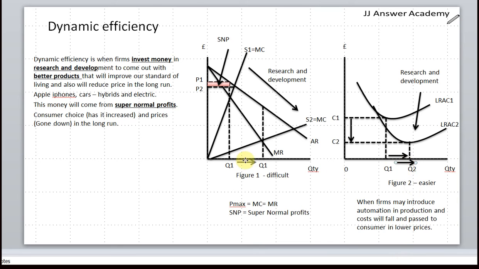So we can see output now has gone up from Q1 to Q2 in figure 1. And the new price in the long run is at P3, which is lower than the initial price of P1.